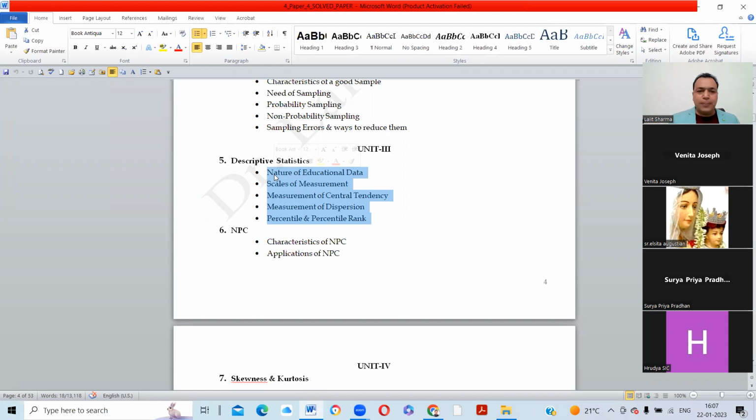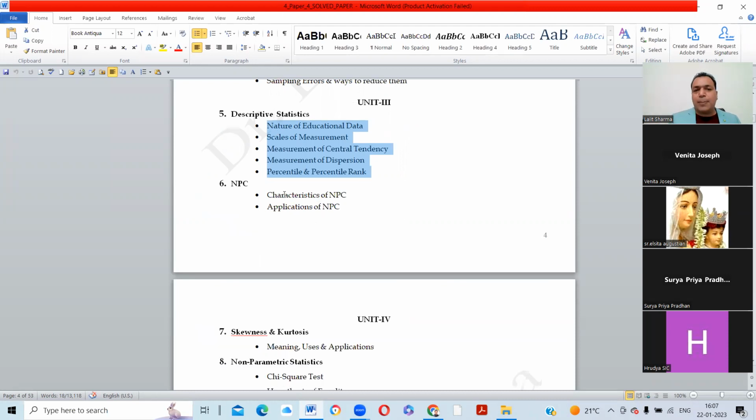So either you can do the NPC. Under the NPC you have to talk about the characteristics of the NPC. NPC means normal probability curve. It is a symmetric curve, bilateral, because on both sides, right side and left side, it is identical. It is also simple. And the applications of the NPC. Either you can do this.